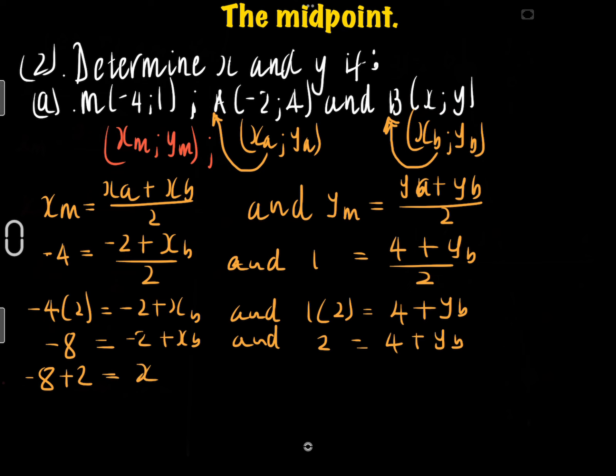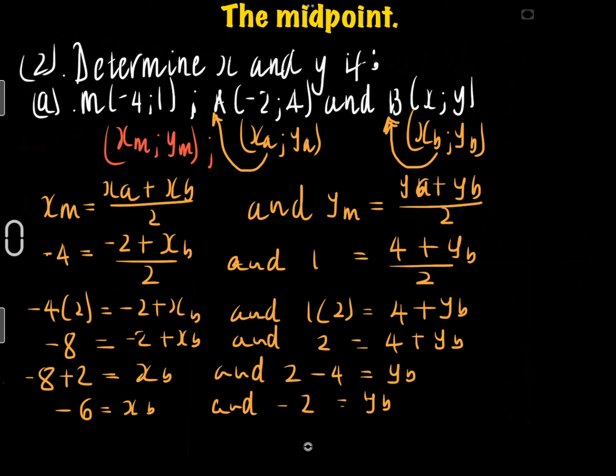This equals xb. And 2 is already this side, and then 4 is to join the 2 on the other side of the equal sign, becomes -4 is equal to yb. Okay, and then -8 plus 2 gives us -6. So xb is equal to -6, and 2 minus 4 gives us -2. Okay, that's our value for yb.